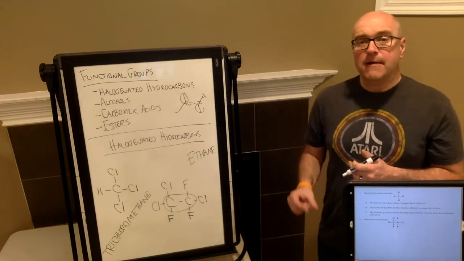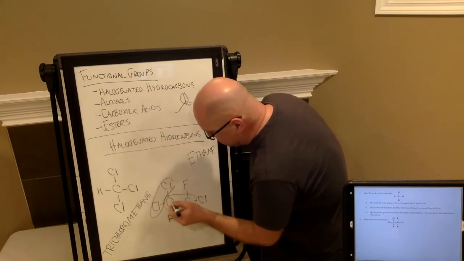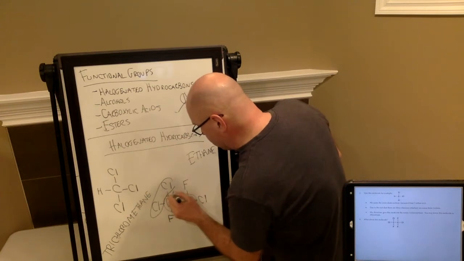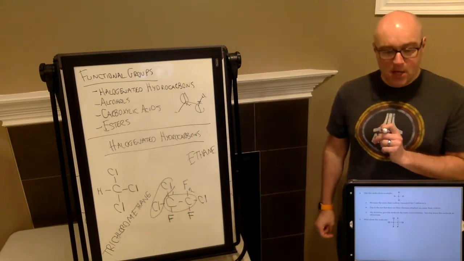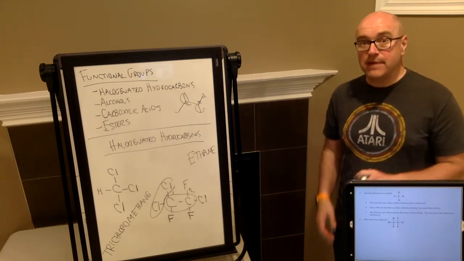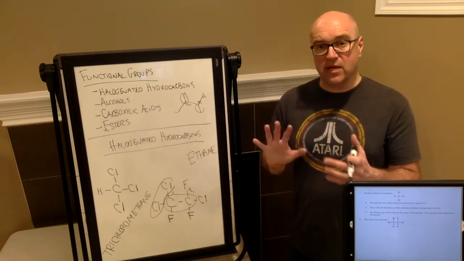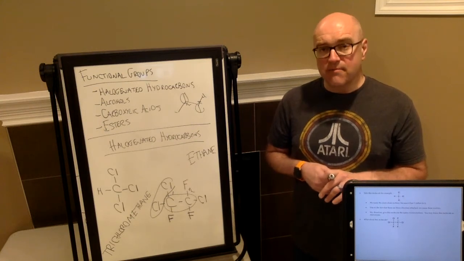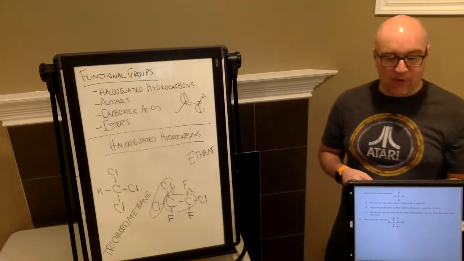I see more chlorines on this carbon, so because it's alphabetically first, this becomes carbon number 1, and that becomes carbon number 2. And my functional groups are going to be listed alphabetically, very much like what we did with our alkanes, alkenes, and alkynes. If I had an ethyl and a methyl side chain, the ethyl would always be listed before the methyl, because ethyl was alphabetically before methyl.